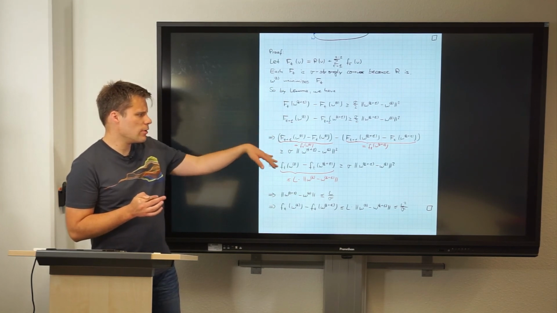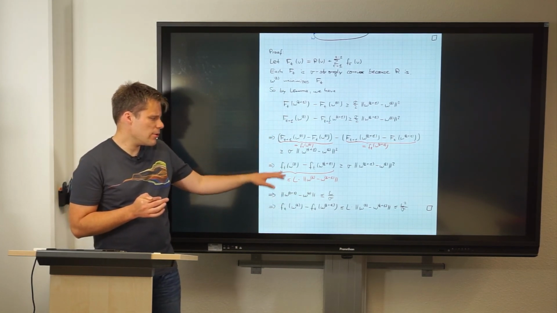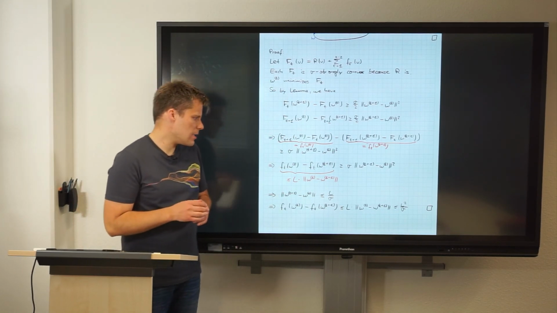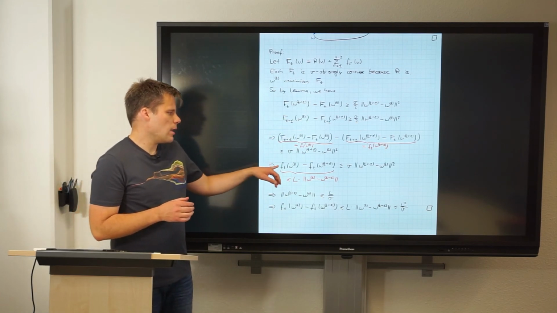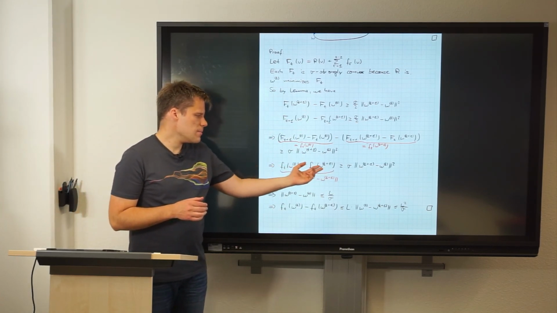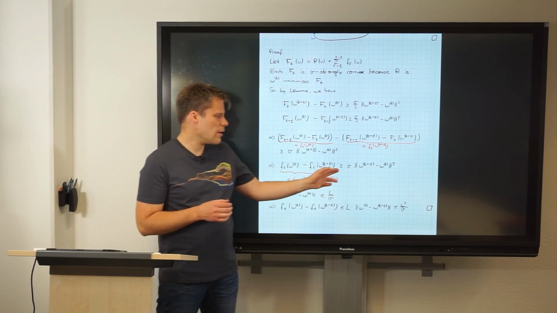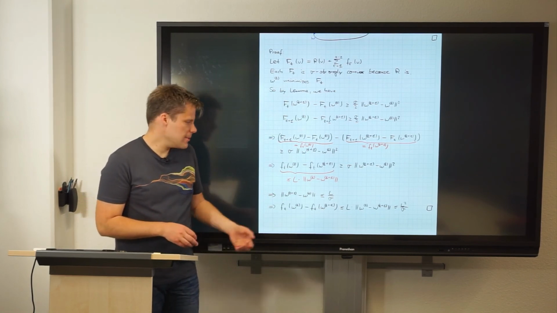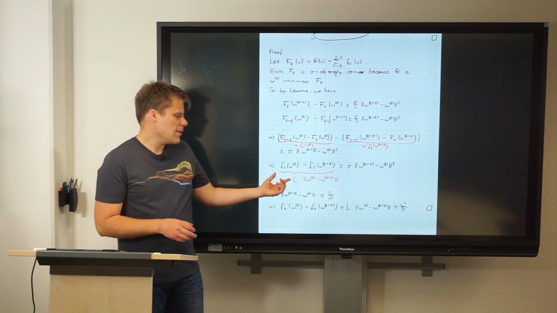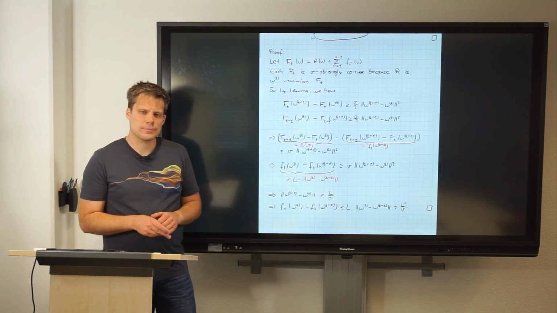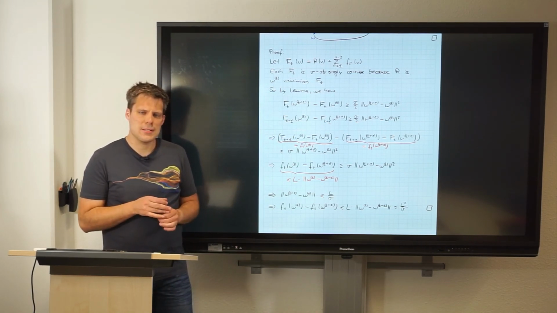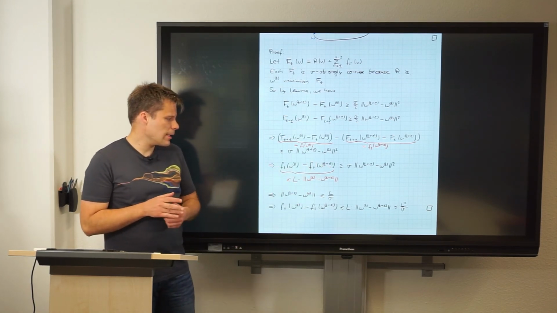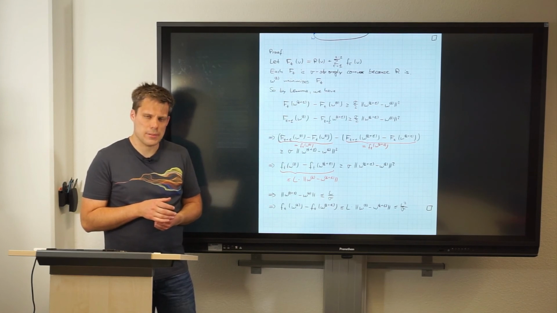So far there's nothing really happening, and then there are these magic steps here, at which we get a lower bound on the difference between the two function values in terms of how far these two points are apart. And then again we say, okay, we can use the Lipschitz condition. Maybe the best way to phrase it is that if these two are really far apart, then we are getting a contradiction here at some point.